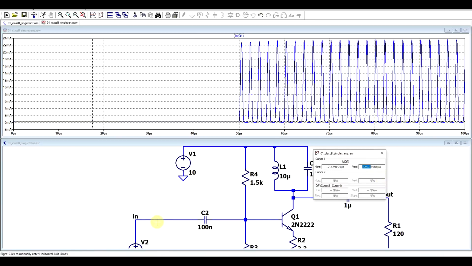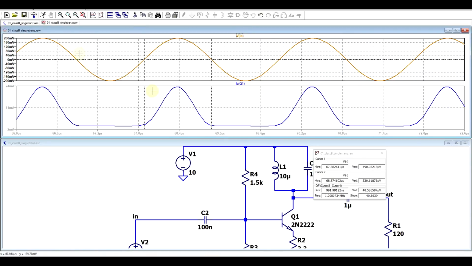Then when the input signal did appear, it jumped up to 20 something milliamps, so completely different ranges. Now when the signal did appear, so on top here I have the input signal, we can see that the collector current was rising for almost exactly 180 degrees of conduction angle. So I marked out here half of the input signal, and this is where the transistor is actually amplifying.